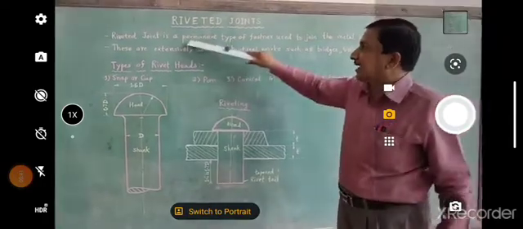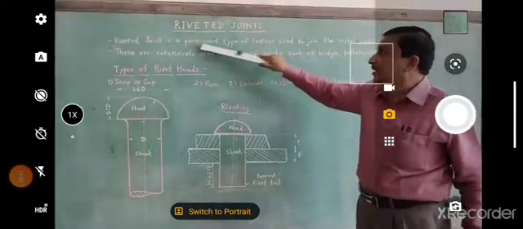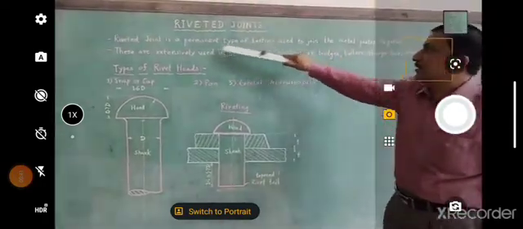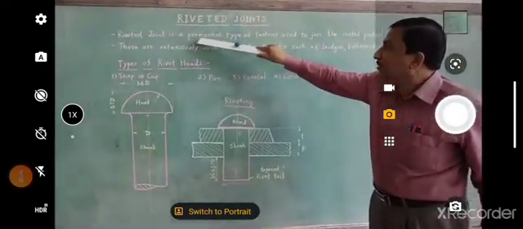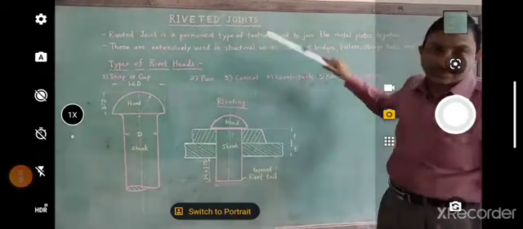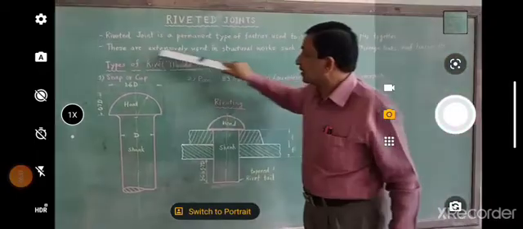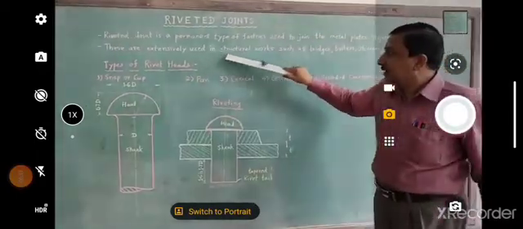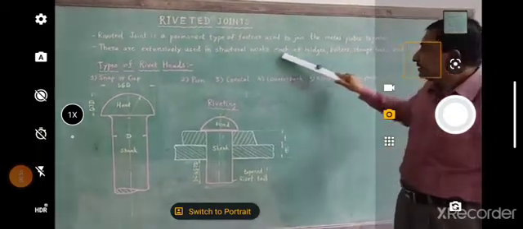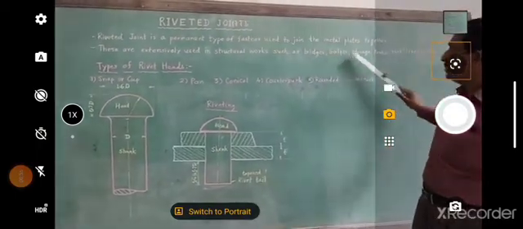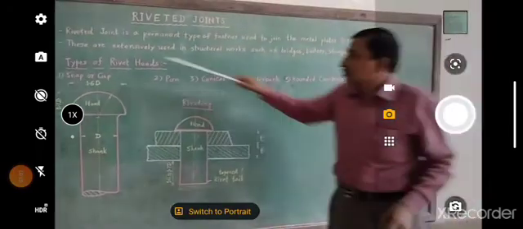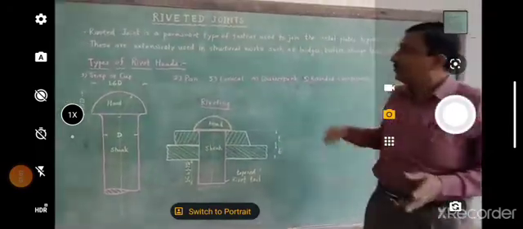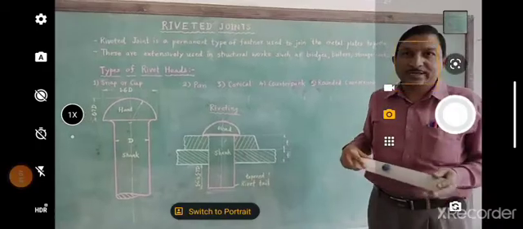So the joint is termed a permanent type of joint, and the rivet is used as a permanent type of fastener. These are extensively used in structural works such as bridges, boilers, storage tanks, roof trusses, etc. That is the application of riveted joints.